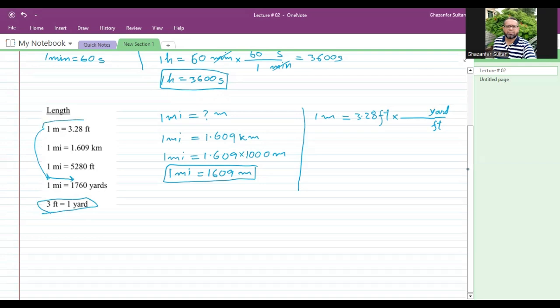And we have another relationship, meter and feet. So we know this is the relationship, and you have to convert yard into feet. So 1 yard is equal to 3 feet. So after dividing this, you will get, calculate it, use your calculator.